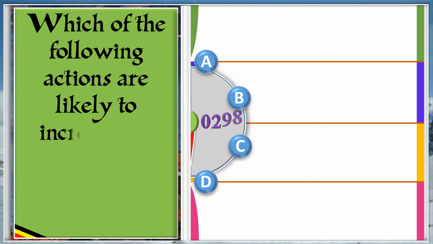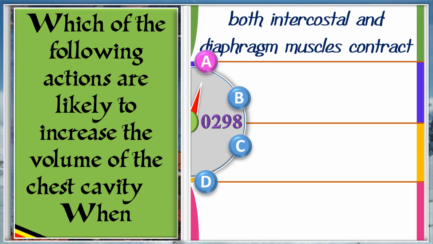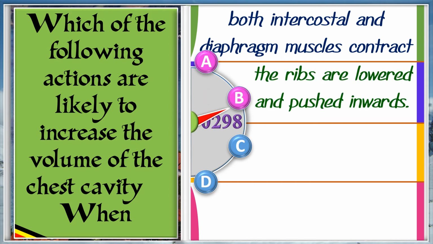Which of the following actions are likely to increase the volume of the chest cavity? A, both intercostal and diaphragm muscles contract. B, the ribs are lowered and pushed inwards.